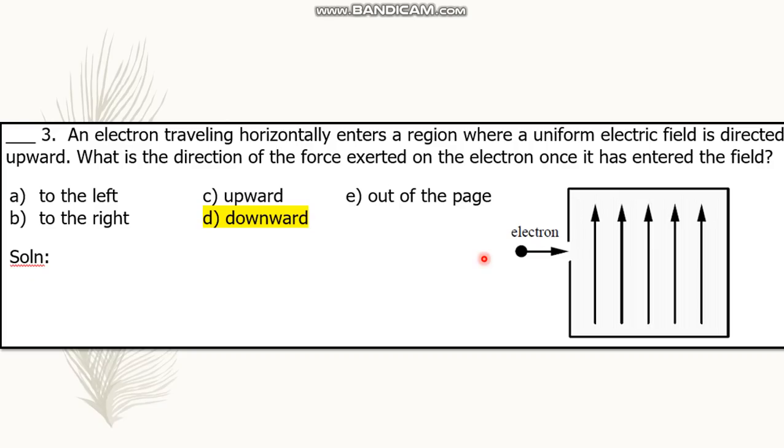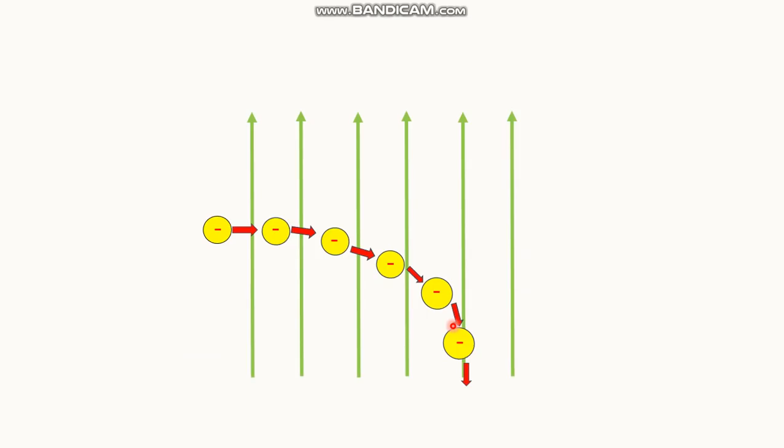For number 3, an electron traveling horizontally enters a region where a uniform electric field is directed upward. What is the direction of the force exerted on the electron once it has entered the field? The answer for number 3 is letter D, downward. The reason is that this is the direction of the electric field, and the electric field is uniform.